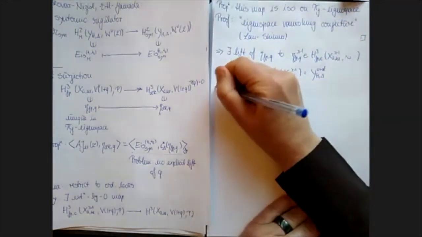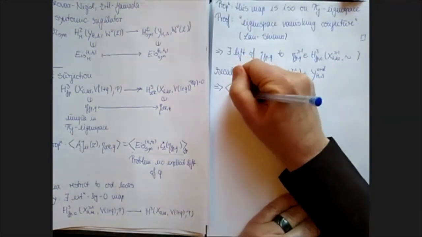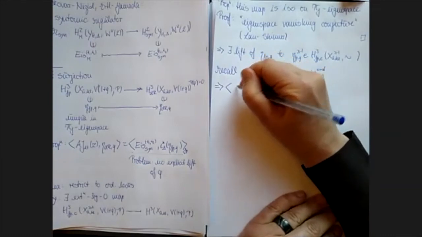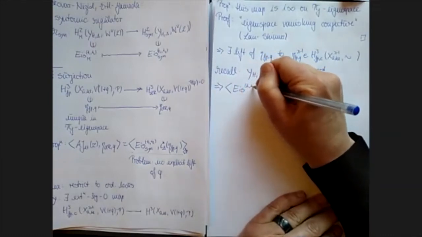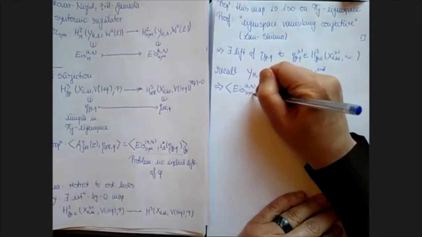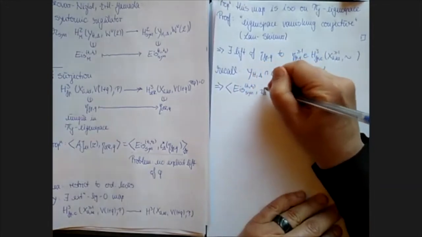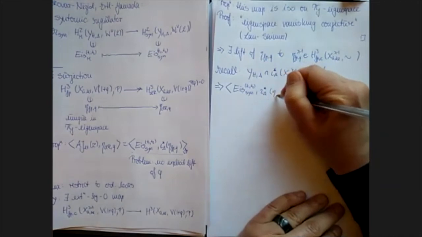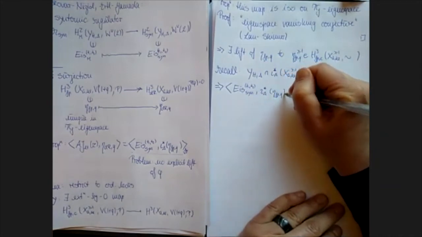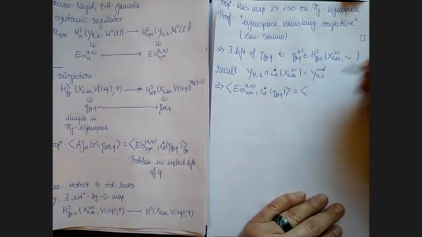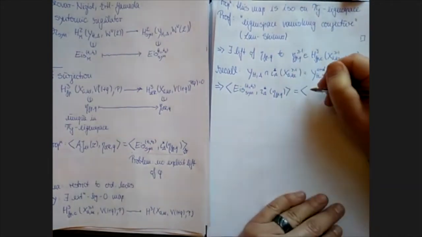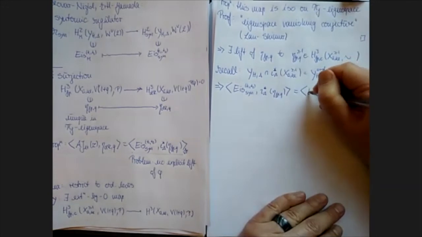So this means that our pairing, say of Is T1, T2, with the pullback of eta fp, is the same as restricting the Eisenstein class to the ordinary locus.